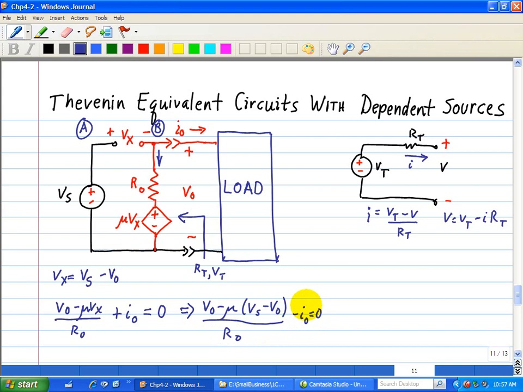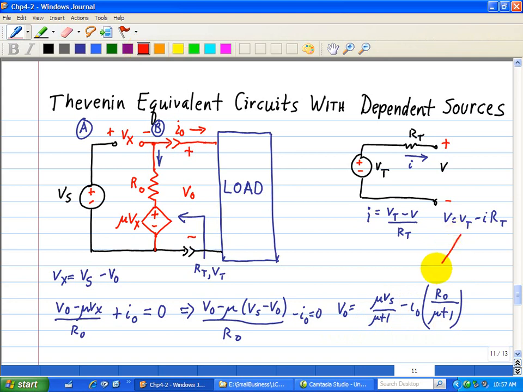Now we solve for VO, and that's equal to mu Vs over mu plus 1, minus IO RO over mu plus 1.